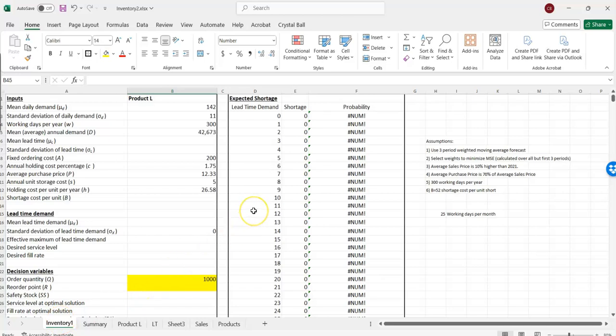Okay, so now we can set up Solver to find our economic order quantity.